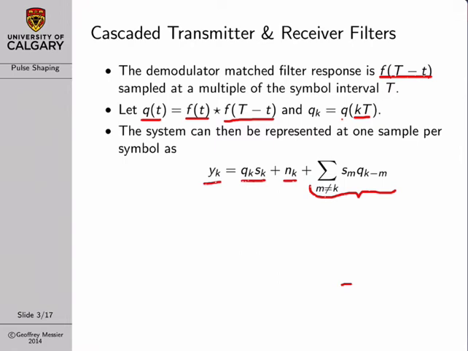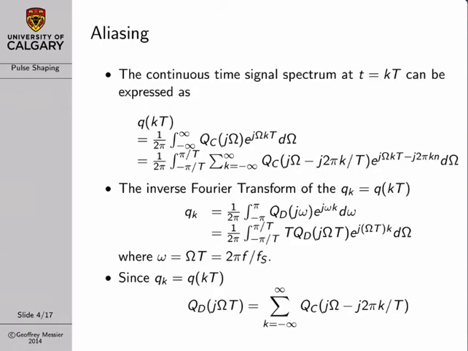This is what's known as intersymbol interference, because other symbols are interfering with our current symbol because everything is overlapping. And so what we would like to do is come up with a pulse shape design where we basically get rid of this intersymbol interference component.